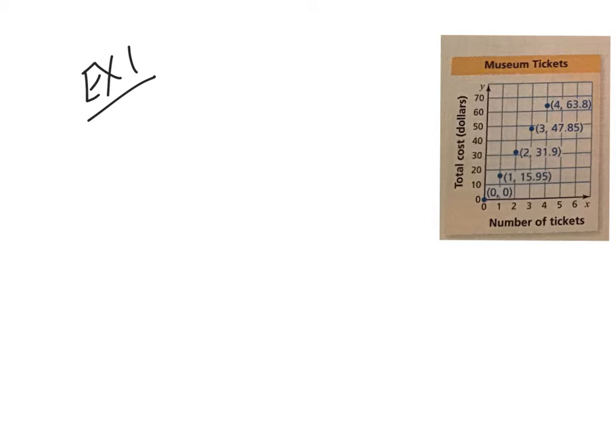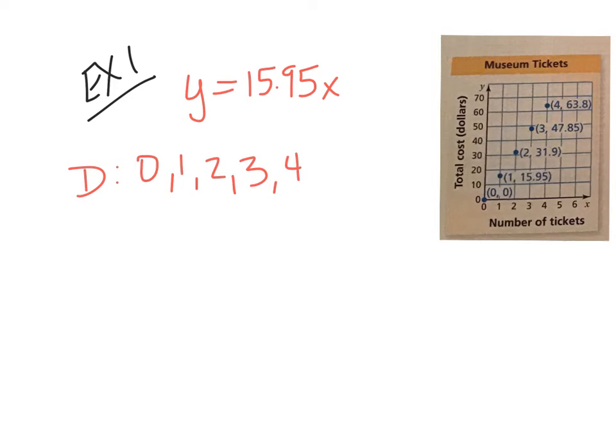And we have the function y equals 15.95x represents y, the cost in dollars of x number of tickets for a museum. Graph this function using a domain of 0, 1, 2, 3, and 4.